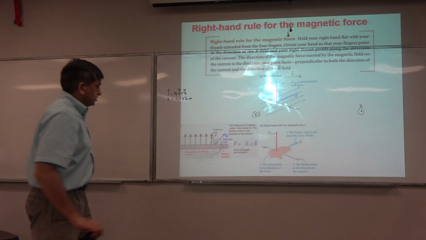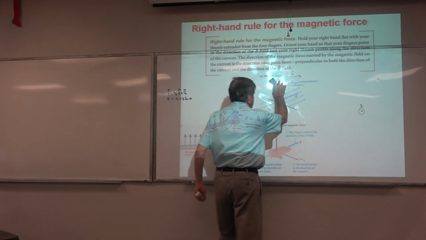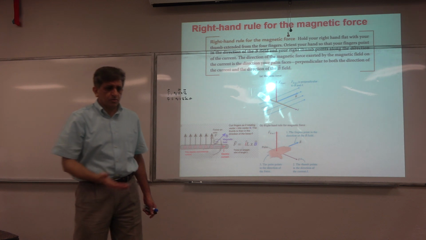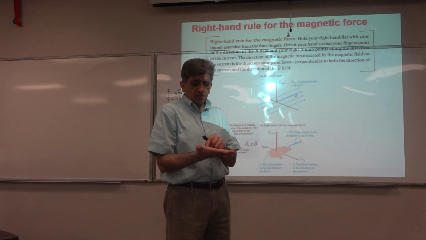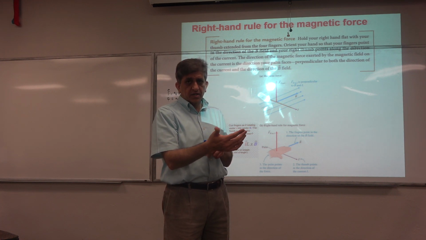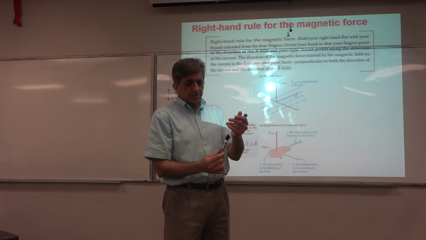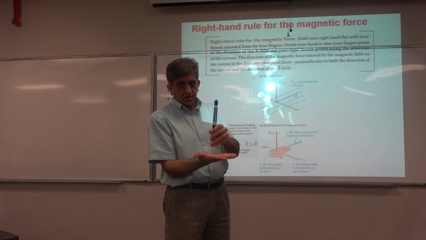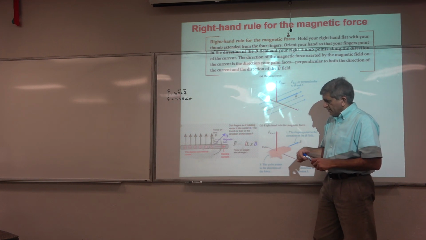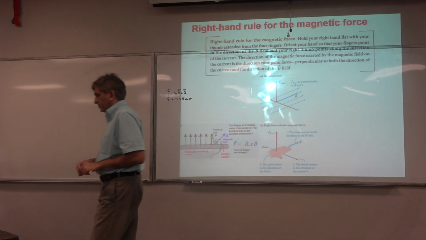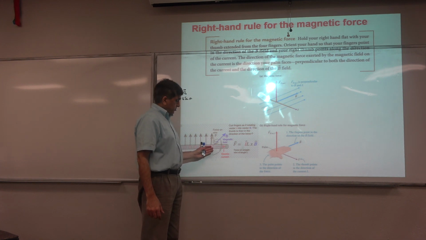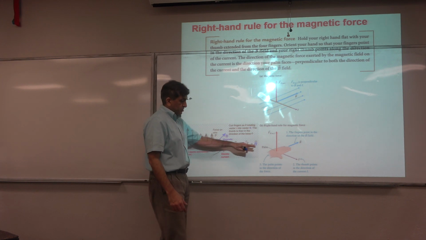I know I mentioned that you can use either way, but if you want to stick with what I talked about, for a positive charged particle moving, the fingers point in the direction of the magnetic field, the thumb in the direction of the moving charge, and the line coming out of the palm is the direction of the force. Let's keep the same over here, because some of you might get confused. There are several ways, as I said, and maybe the other way is also fine, but let's follow the same way here.